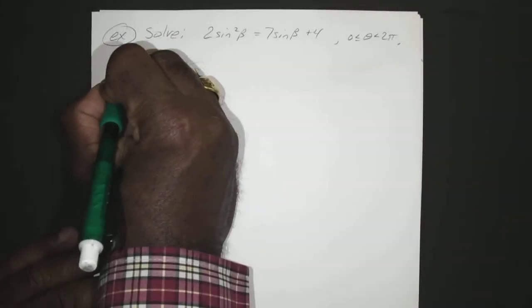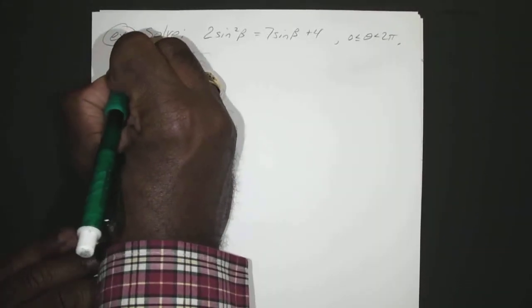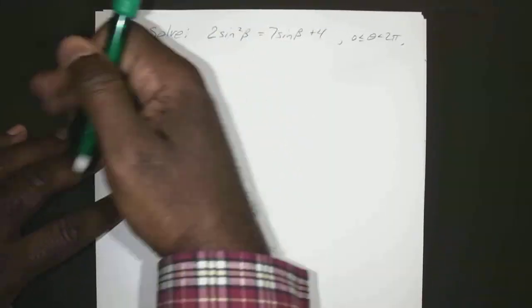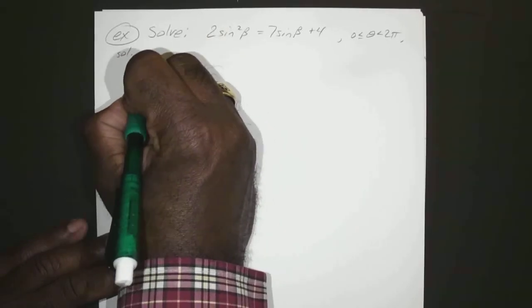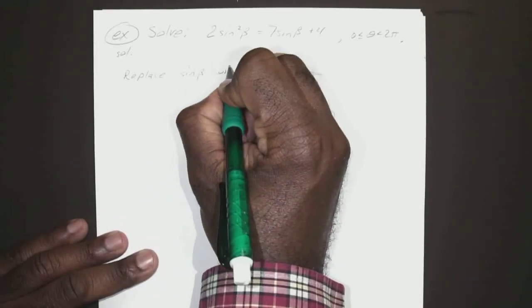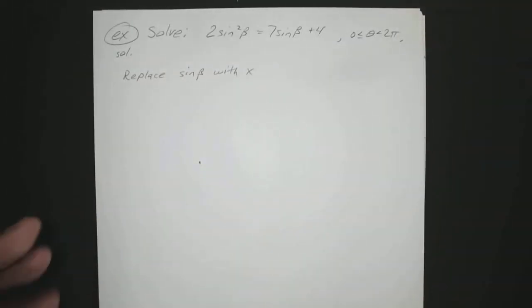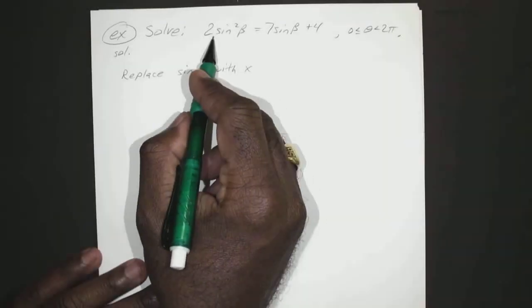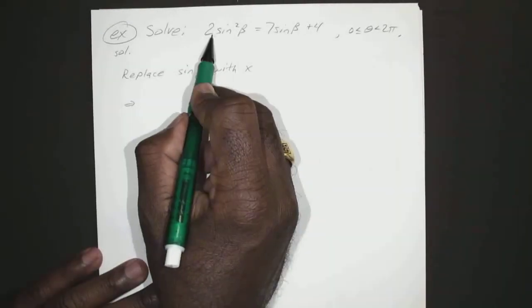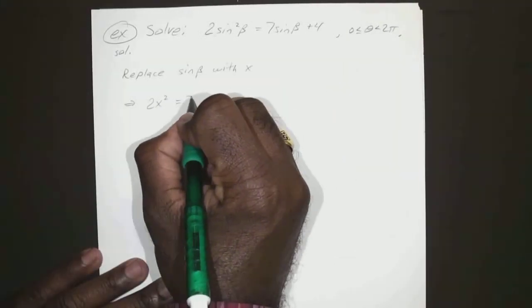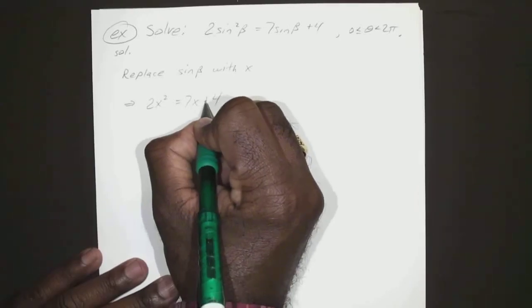Okay, so just like before, we'll replace temporarily sine of beta with x. Or you can replace it with y, doesn't really matter, whichever one you're comfortable with. Okay, so now, instead of sine beta squared, that would be 2x squared equals 7x plus 4.